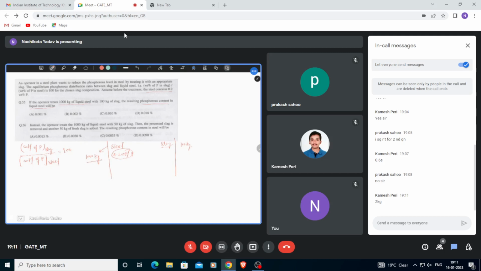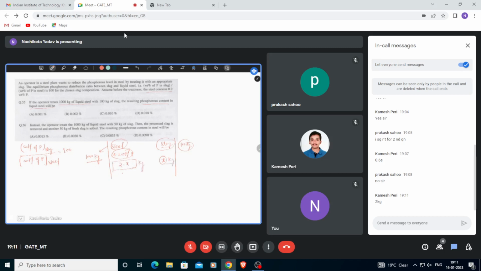So yes, 2 kg, and this is 100 kg of slag. If we treat steel and slag together, then some amount of phosphorus will go into slag. Suppose x amount goes into slag. So the remaining amount of phosphorus in steel will be 2 minus x kg.